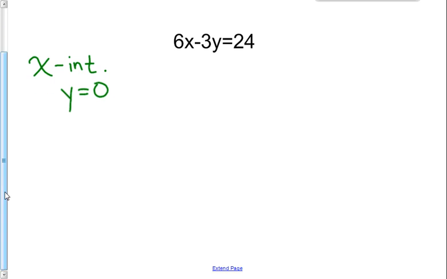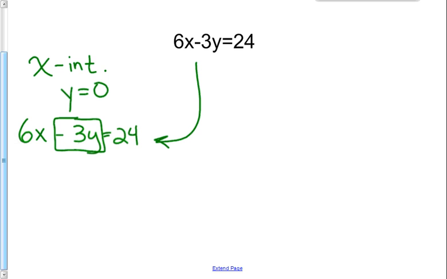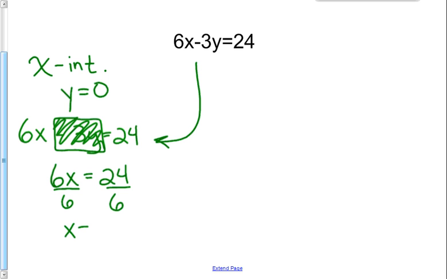So I'm going to take my equation, 6x minus 3y equals 24, and get rid of this y term because I'm setting y equal to 0. Anything times 0 is 0. So we ignore that y term, which leaves us with 6x equals 24. We divide both sides by 6. And the x value at our x-intercept is x equals 4.